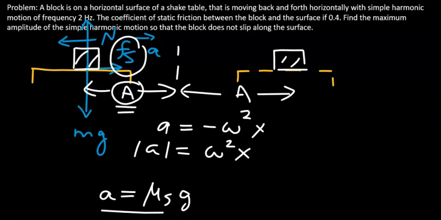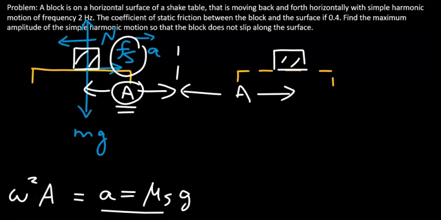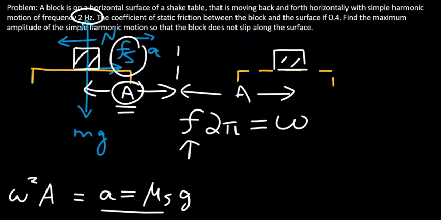At amplitude, this acceleration is just omega squared times amplitude. We are given frequency in the units of hertz, that is just f. And 2 pi f is omega. Frequency in hertz is related to frequency in radian per second by that equation.